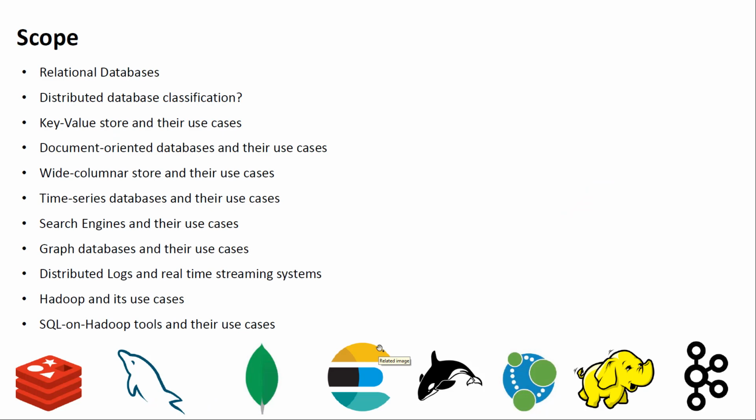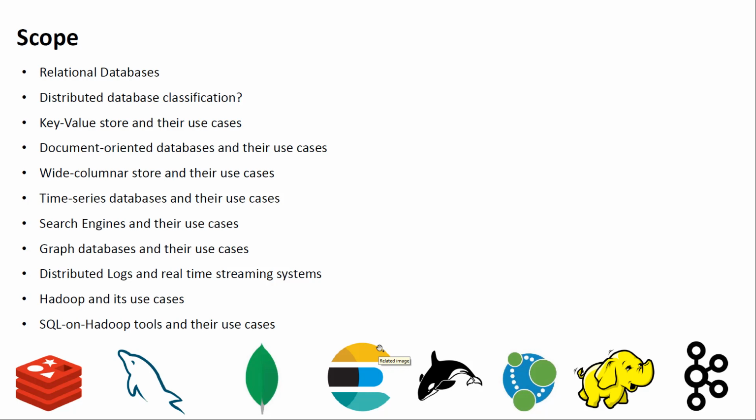Let's take a look at the scope for this course. We will begin by taking a look at relational databases. Then from there we'll proceed to do distributed database classifications. And in distributed database classifications, we'll take a look at the CAP theorem and various ways we can classify distributed databases.